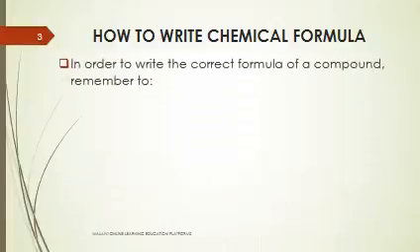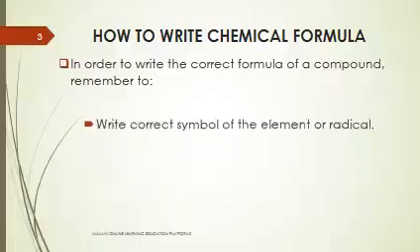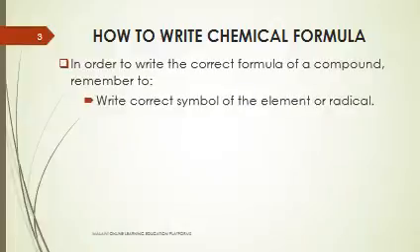The most important thing to write a correct formula of a compound, you need to remember these three things. The first one, write the correct symbol of the element or radical.